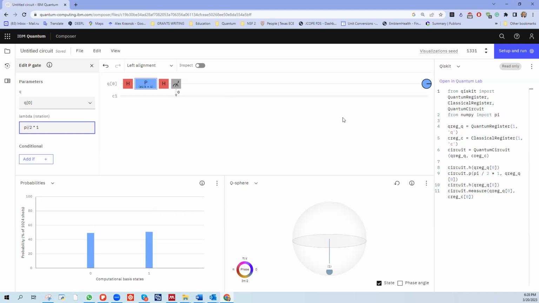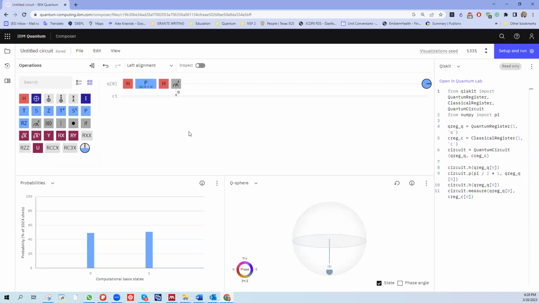As we already know, this simulator takes into account the measurement noise. And for this reason, by the way, I expect that in your homework and in your midterm exam, the results, the simulation of your circuits, will be just slightly different in terms of these probabilities, right?